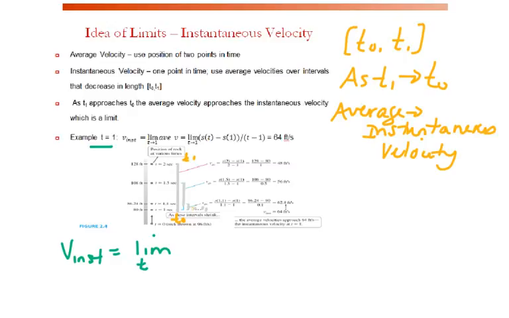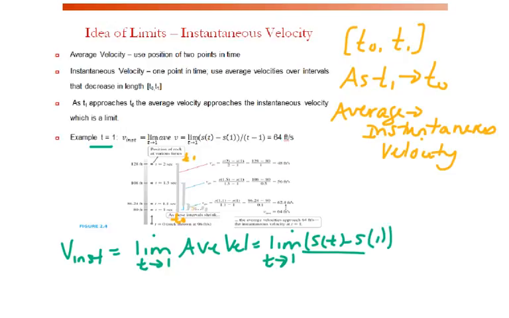As t approaches 1, then the average velocity is going to be the limit as t approaches 1. I'm going to replace this with the definition of average velocity, which is s of t minus s of 1 over t minus 1.